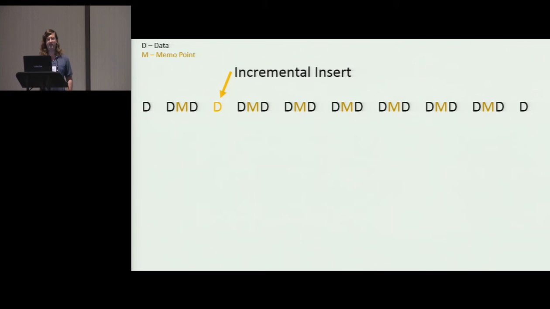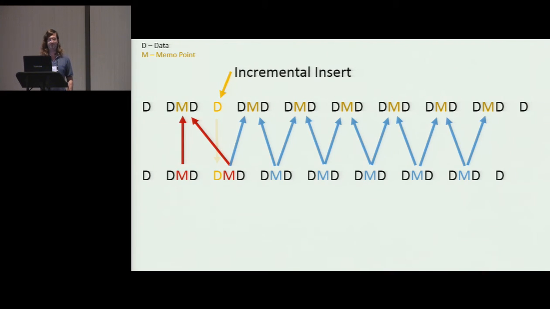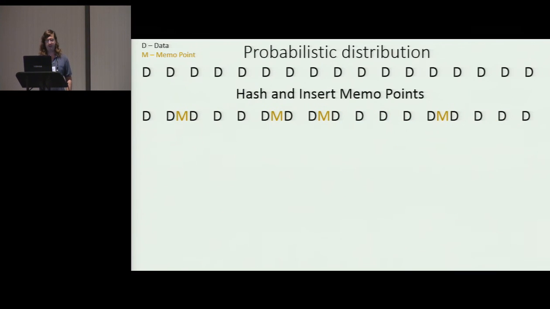Unfortunately, if you try to do an incremental insert now, it's not going to line up. More memo points are going to change than you need, and this fanning out does not scale at all. So what we need is some kind of probabilistic distribution, and we're going to do that by hashing each data point and putting a memo point in there if, say, in this case, the hash mod 4 is 0.